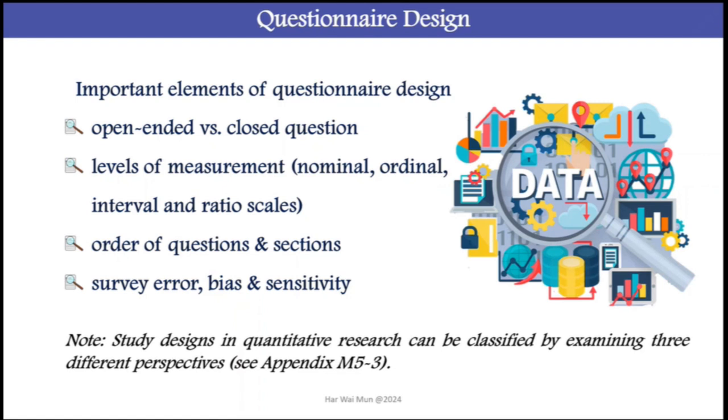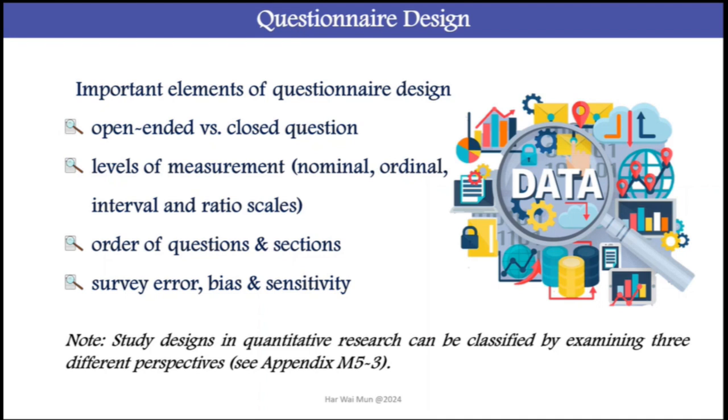Common Likert scales are 1 to 5, 1 to 7, or 1 to 10. If you want more variation, you use 1 to 7. For example, 1 is most disagree, most dislike, or most unlikely. 7 is highly likely, most like, or strongly agree. So 1 to 7, and you have to be consistent.